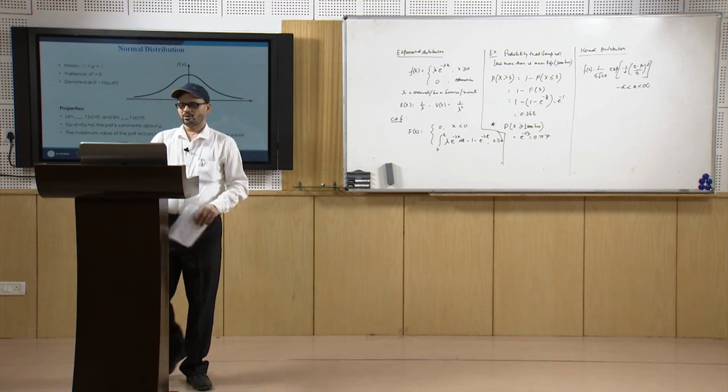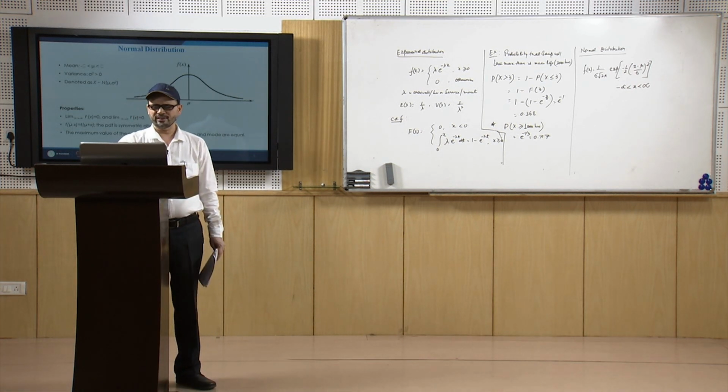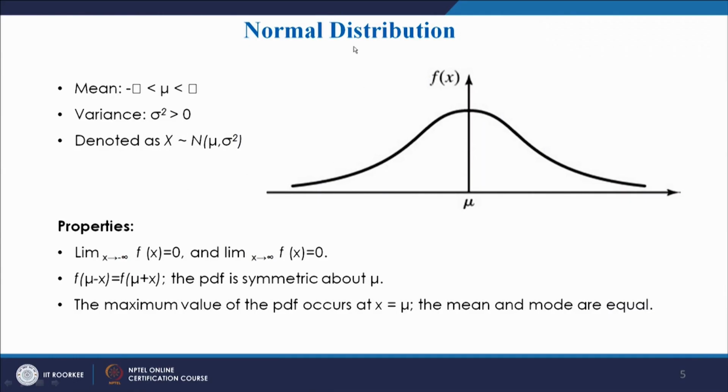Now, the properties of this normal distribution are that as the x value goes toward minus infinity, the extreme left side, this value will be 0. Similarly, as x goes to the extreme right side, plus infinity, the value will be 0.